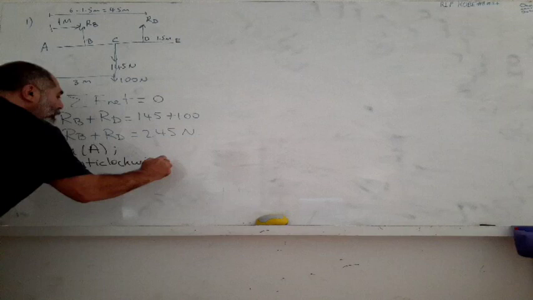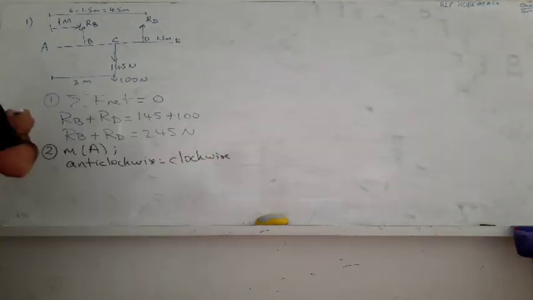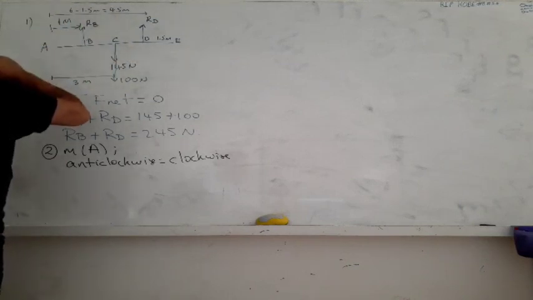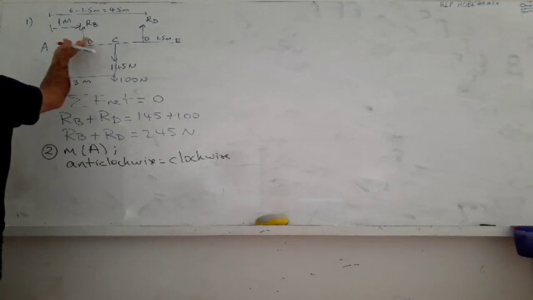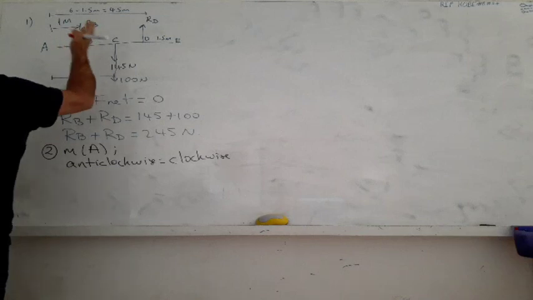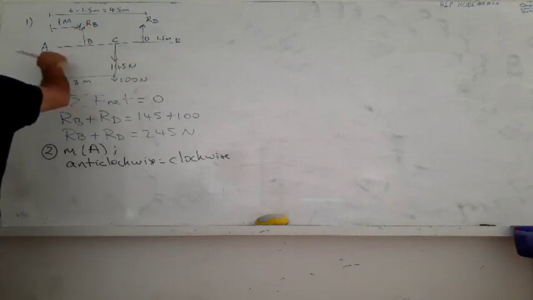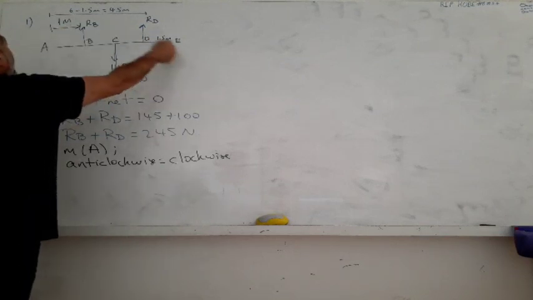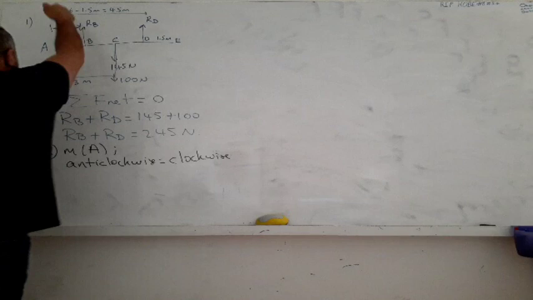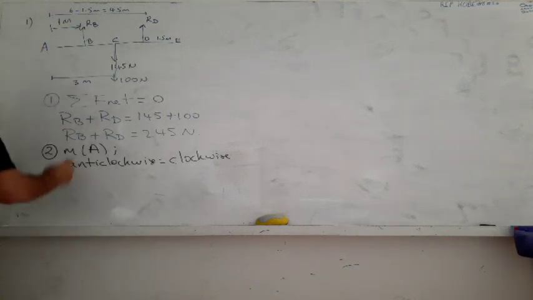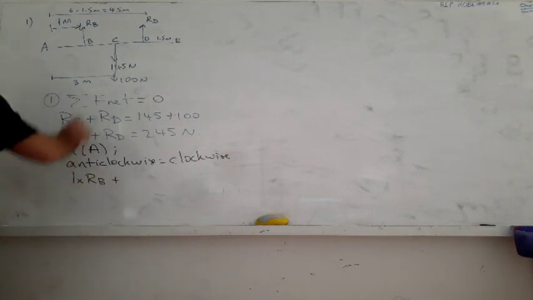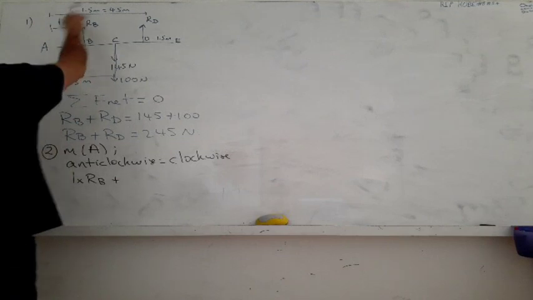From A, because RB and RD point upwards, they have an anti-clockwise turning effect on the rod, because I choose A as the pivot. What is the distance of RB from A? 1 meter times the force RB. What is the distance of D from A? It is 4.5 times RD.